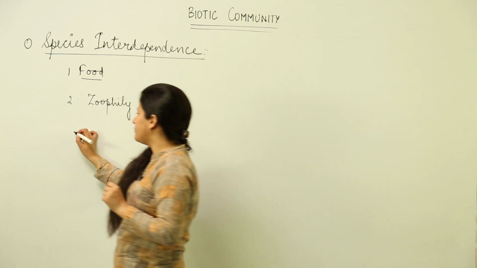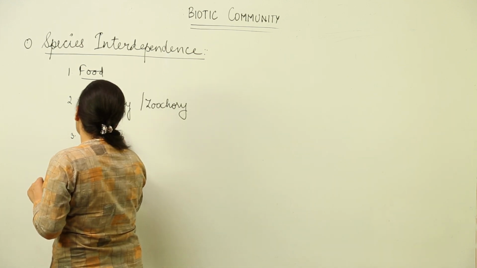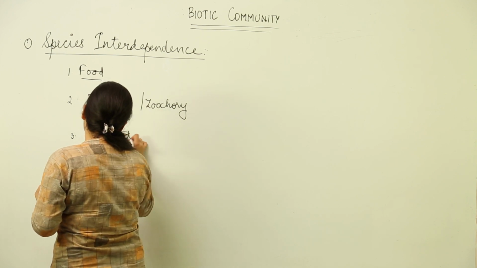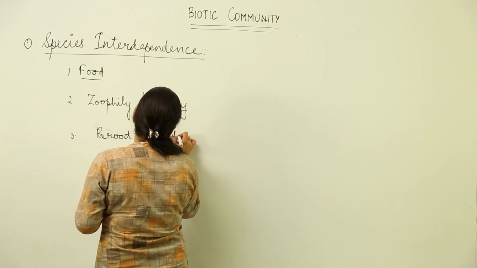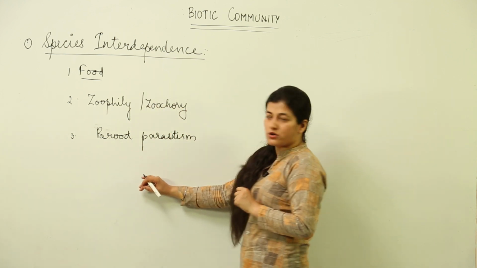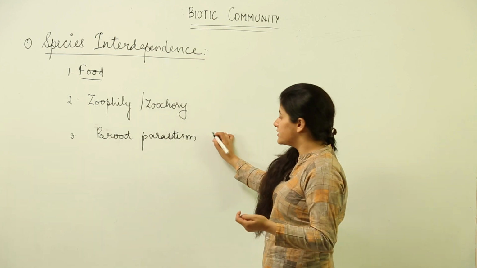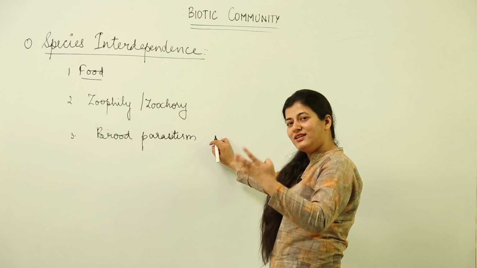Then the third example for species interdependence is nest parasitism or brood parasitism. You must have heard about it. We discussed parasitism as well when we talked about the interactions, but over here we talk about brood parasitism, which is a type of interdependence where one species is dependent on another species for the nest.